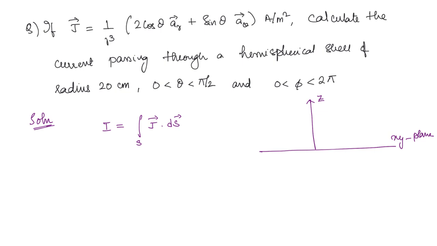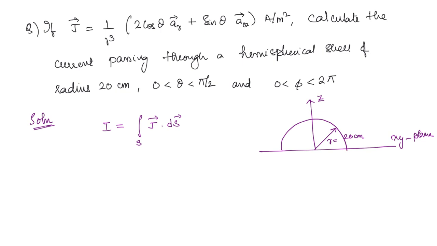So the hemisphere is going to be like this. This is the radius, given as 20 centimeter. The hemisphere is lying on the xy plane, the base of the hemisphere. Now since this is a sphere, we will consider spherical coordinates.